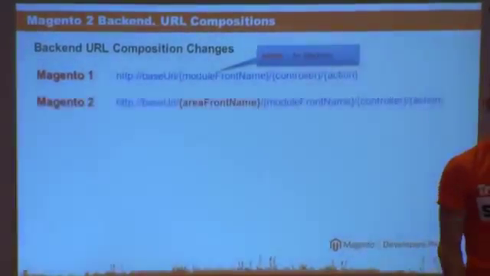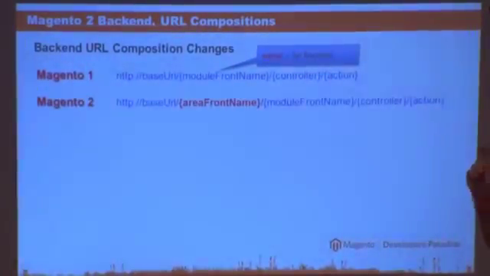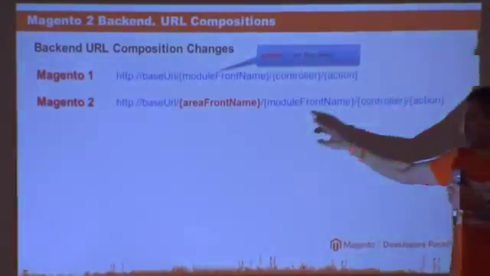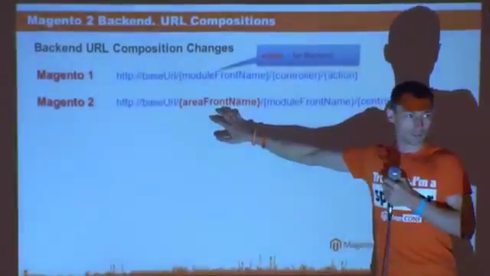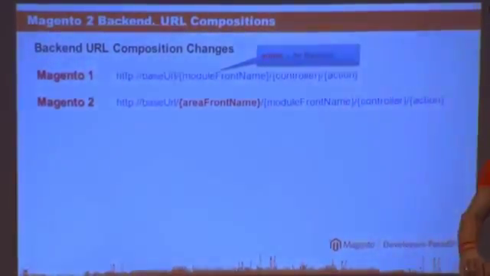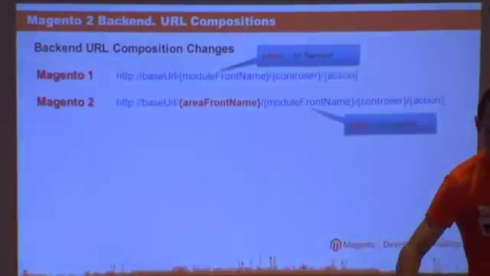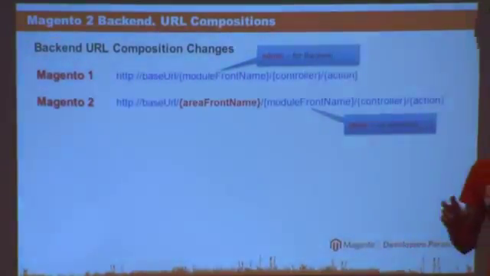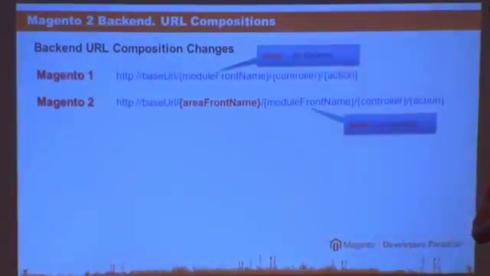But in Magento 2, we have changed this composition. Currently, this composition has 4 components. The first one is area front name, then module front name, controller, and action.